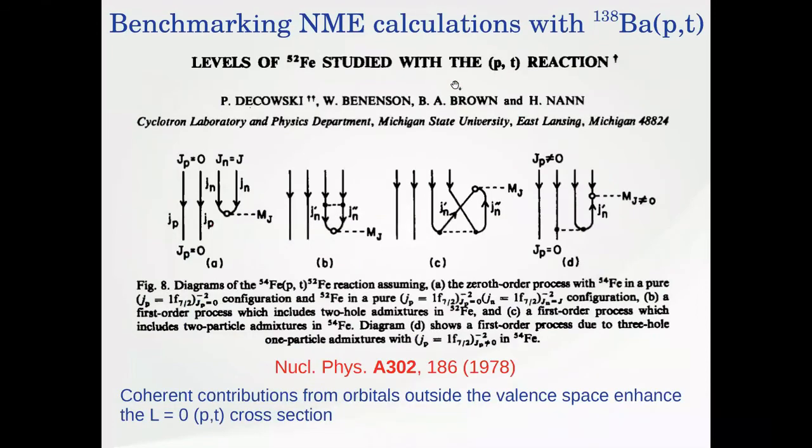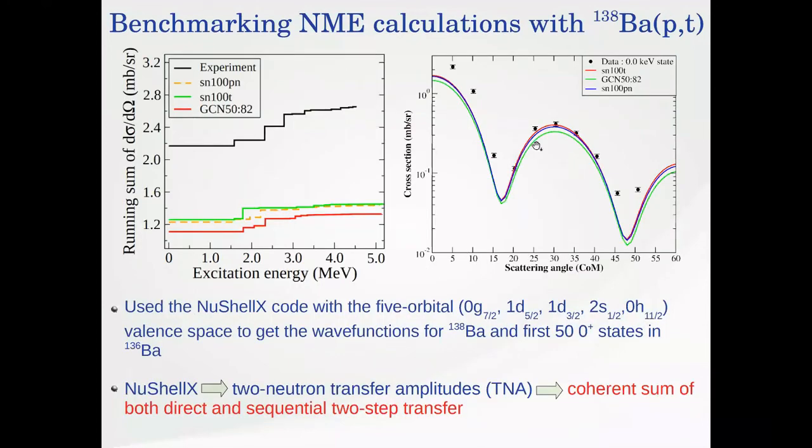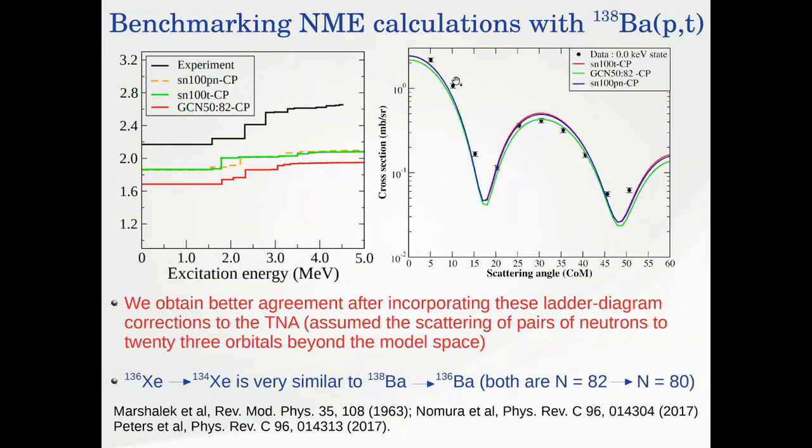What could be the problem? If you add the contributions of several orbitals from beyond the valence space that connect to your state through the pairing interaction, you could have correlated pairs going all the way up, and you include them in a higher order perturbation theory treatment, and you include these coherent contributions from orbitals beyond the valence space, then you will see that the L equal to 0 PT cross section shown here can be reproduced with experiment.